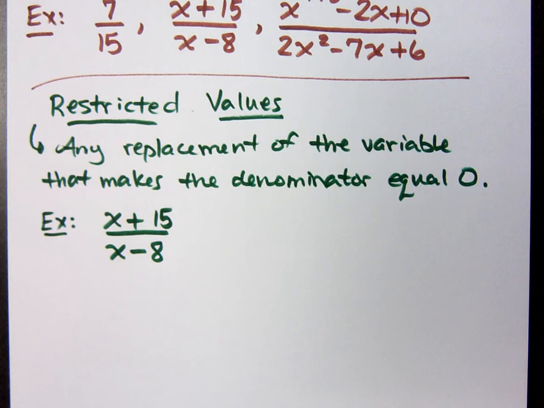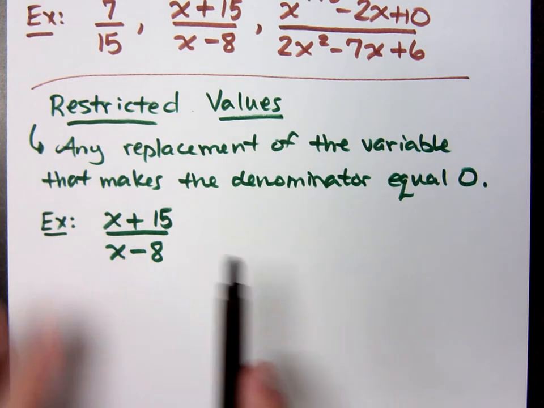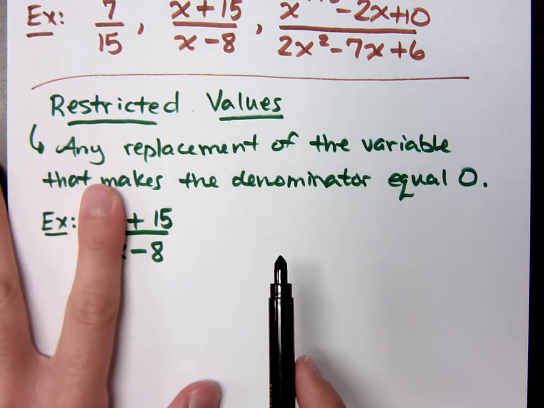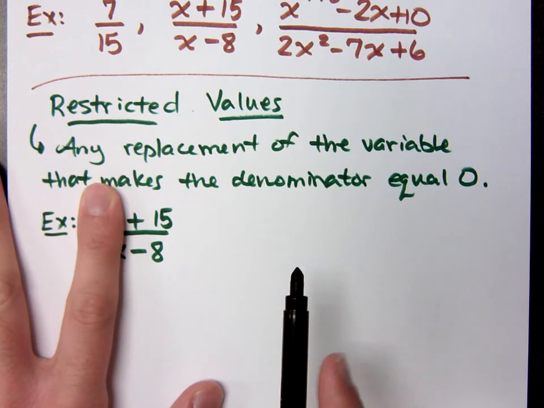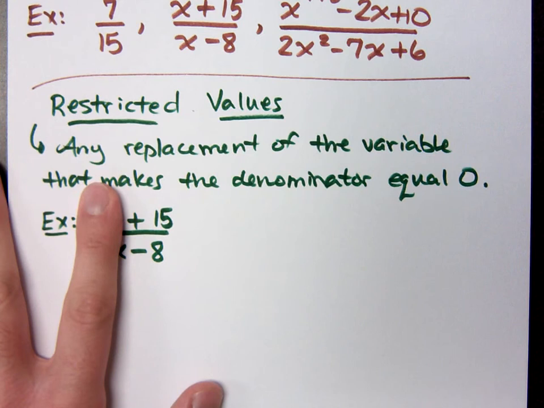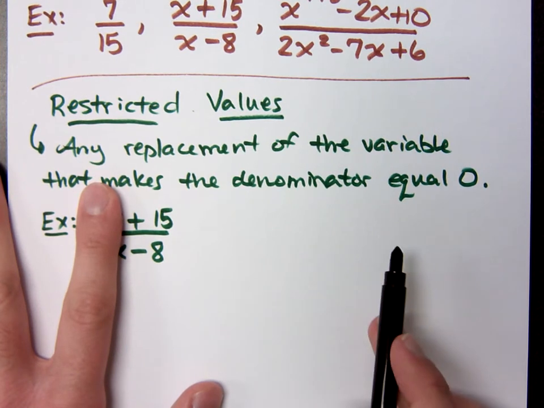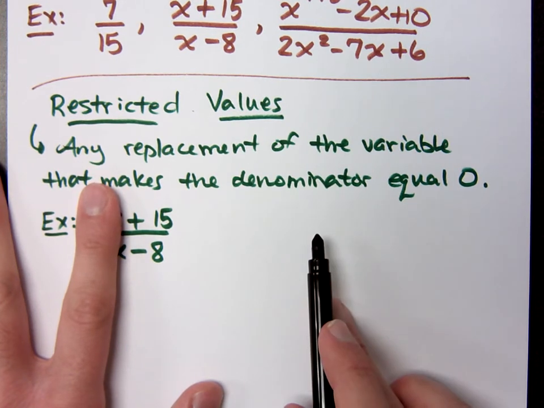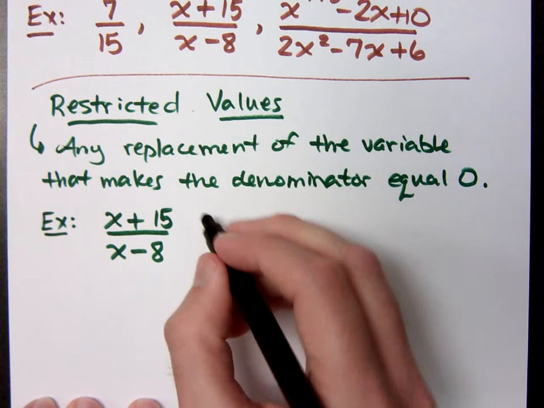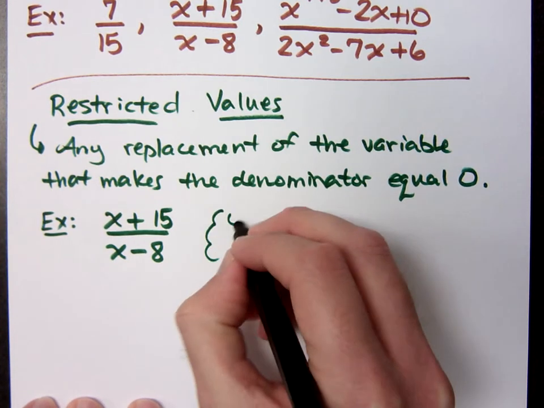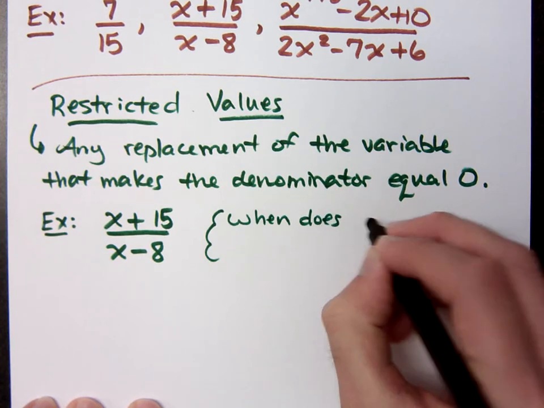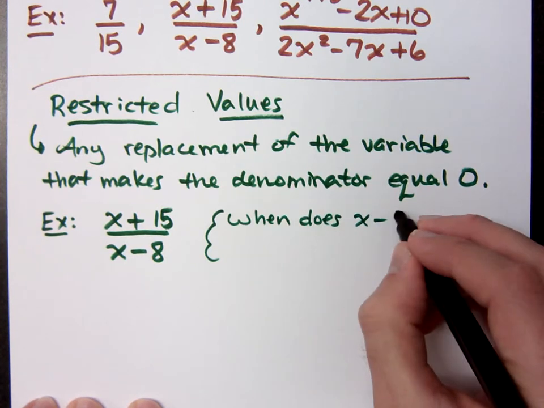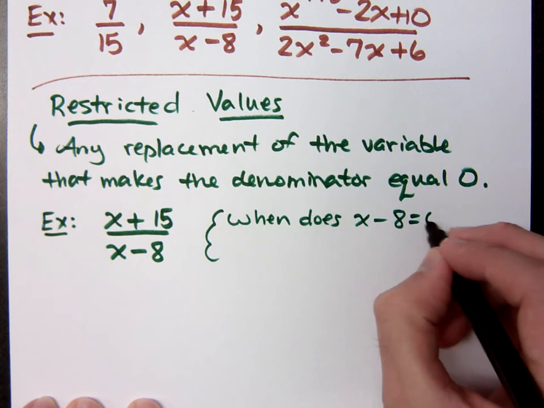0? If I plug in 0, then I basically have negative 15/8. I'm trying to make sure that I don't end up with a 0 in the denominator. So you have to be thinking, okay, when does x minus 8, when does that denominator equal 0?